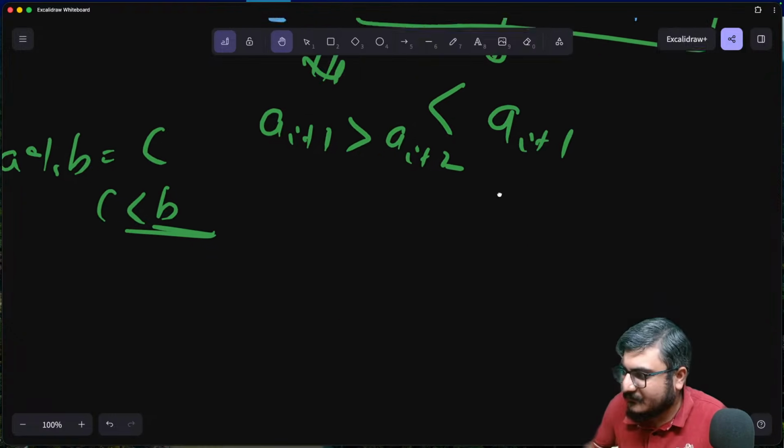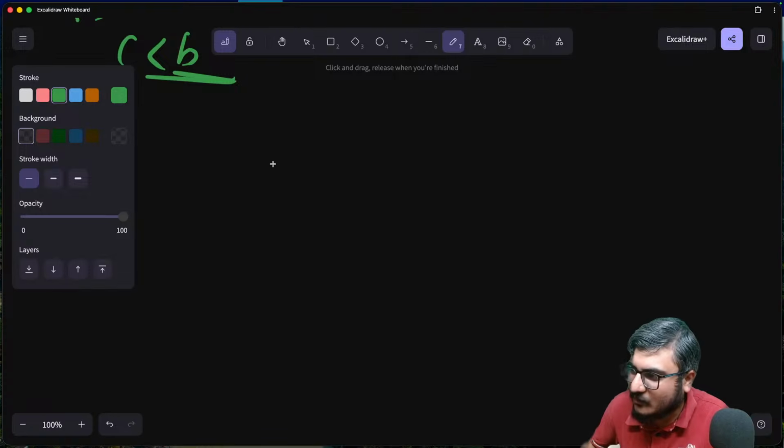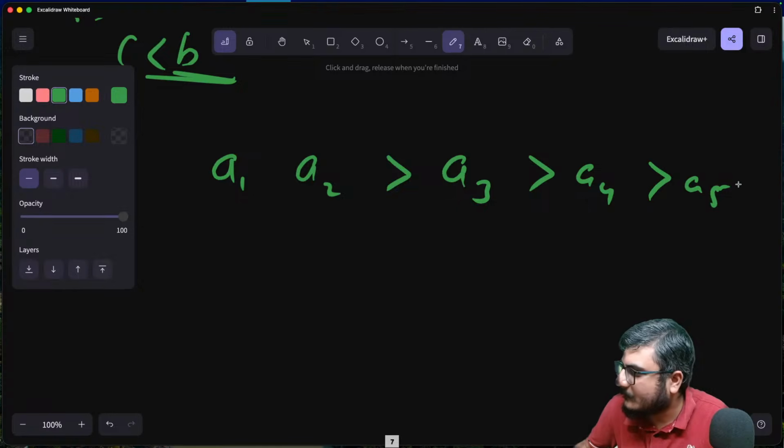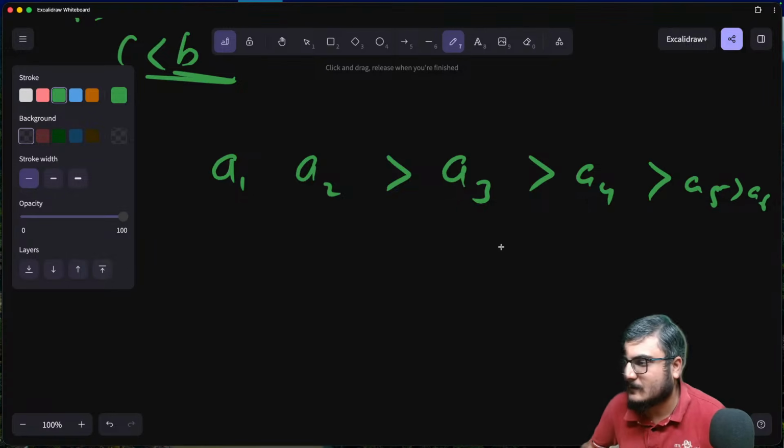So overall, if we continuously take mod, our original sequence would be like this: A1, A2, which would be more than A3, which would be more than A4, which would be more than A5, which would be more than A6, and so on.